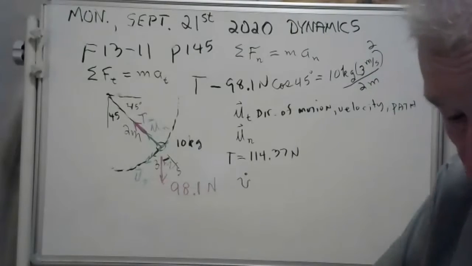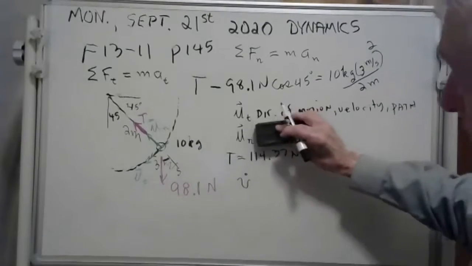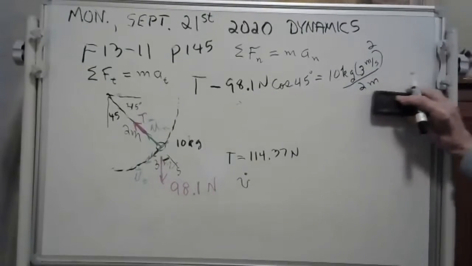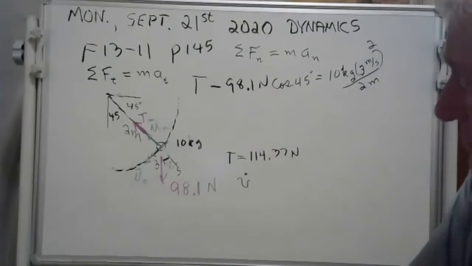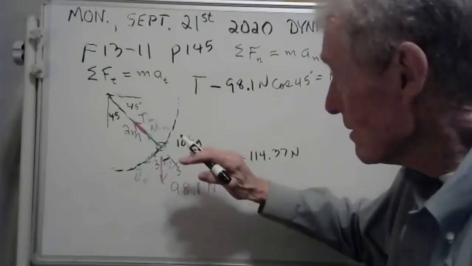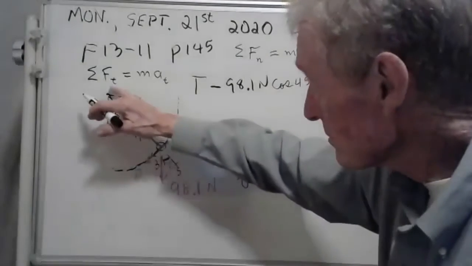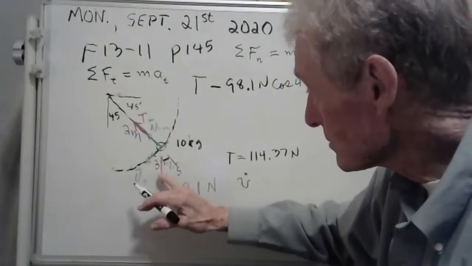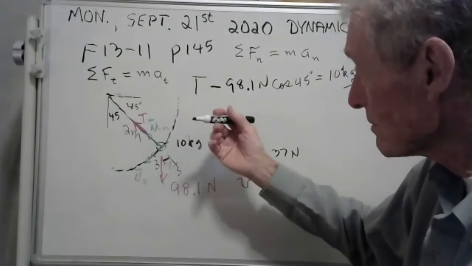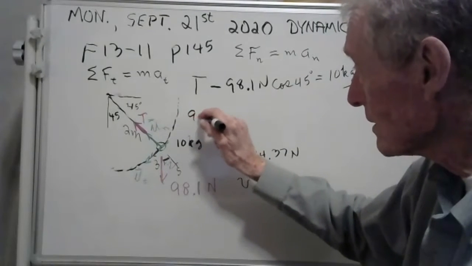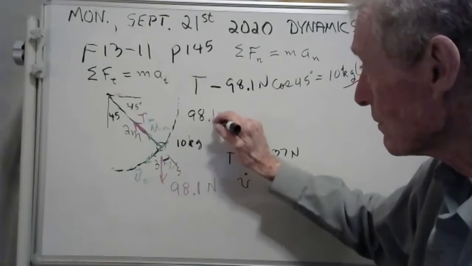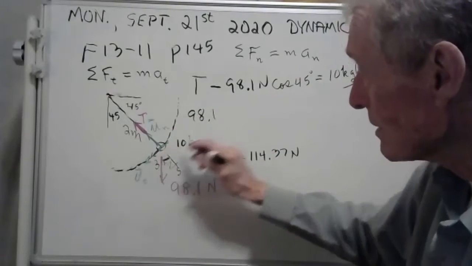I need a little room to write here. Let me sacrifice some of this. There's a component in the tangential direction of that weight of 98.1. It's right here.